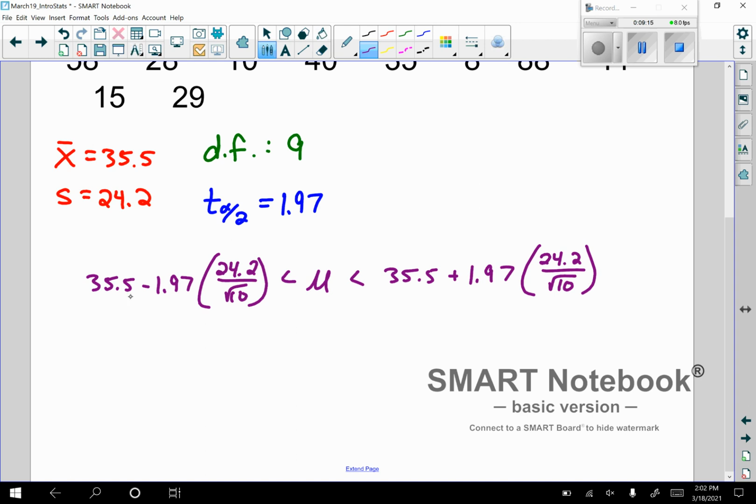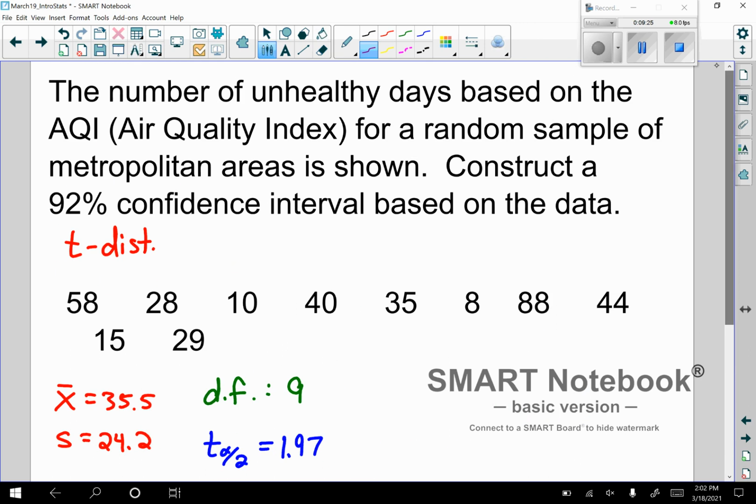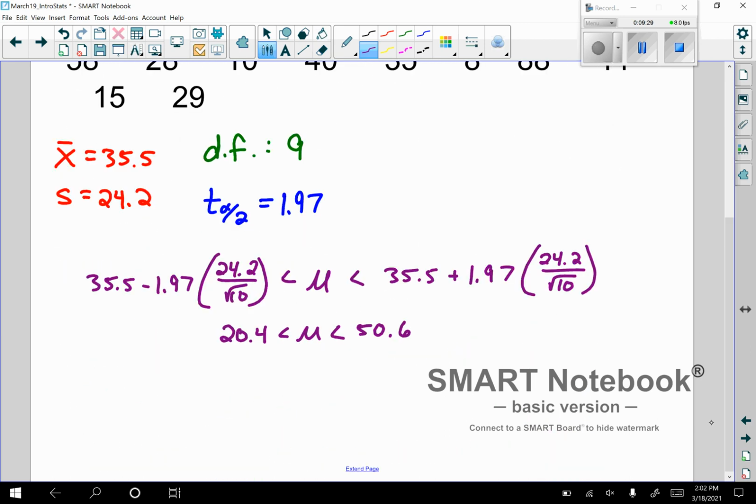Again, we want to keep it rounded to the nearest tenth. So we have a 20.4. That mu is between that and 50.6. So again, we could phrase it the same way. Here we are dealing with unhealthy days. So one can be 92% confident that the population mean is between 20.4 and 50.6 unhealthy days.